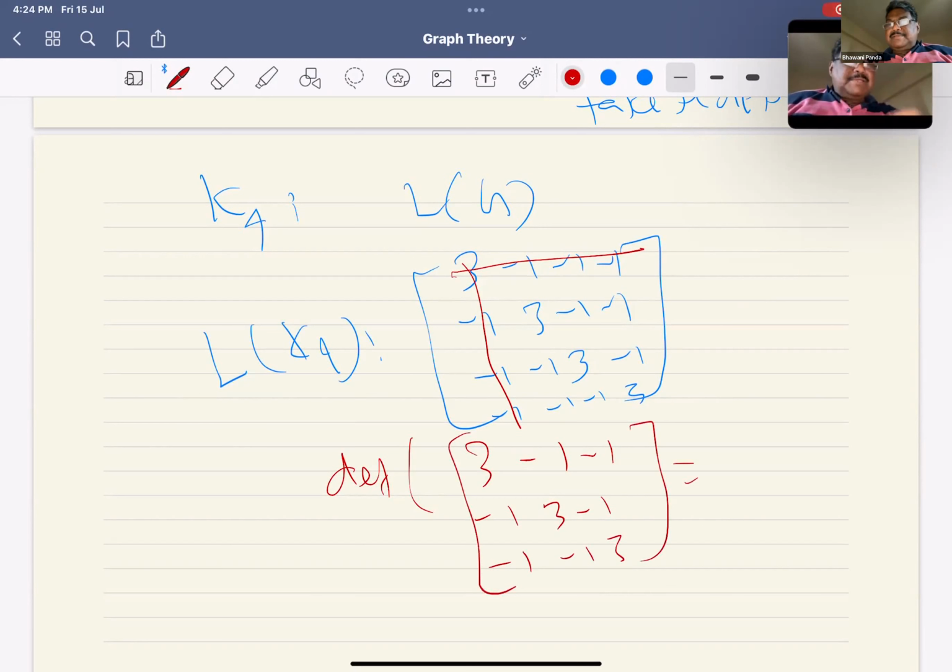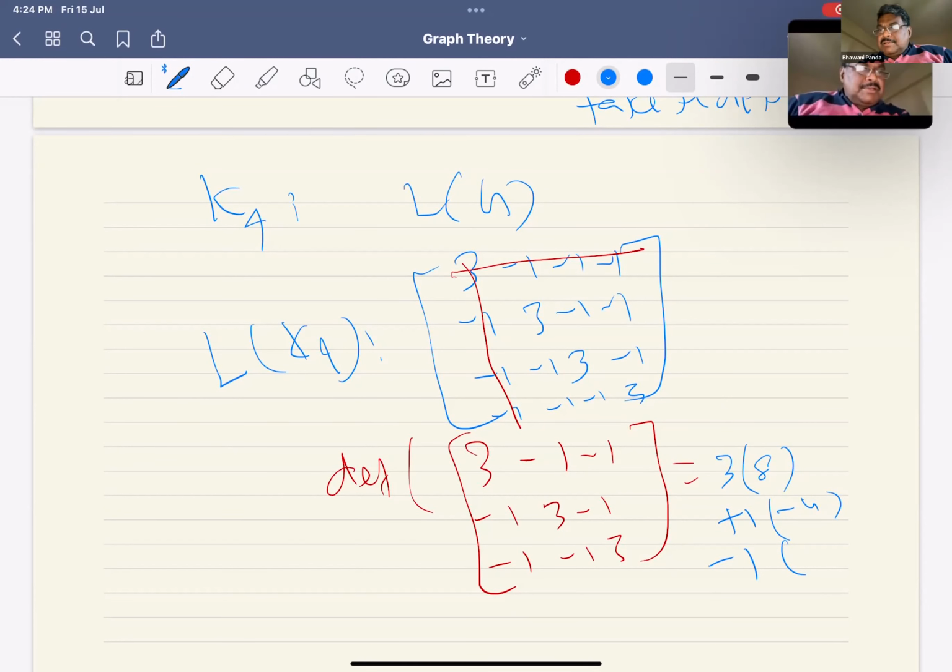Somebody can calculate and tell me. Let us calculate this. This is 3 into 9 minus 1, which is 8, so 24, then minus 1 times minus 3 minus 1, which is minus 4, and then minus 1 times 1 plus 3, which means 4.